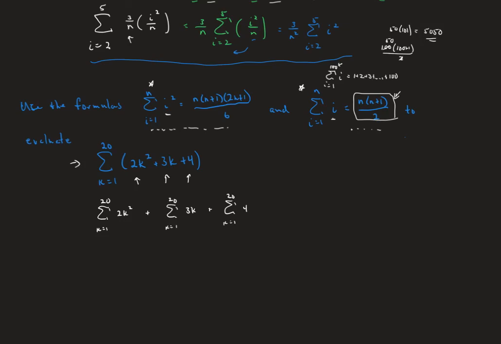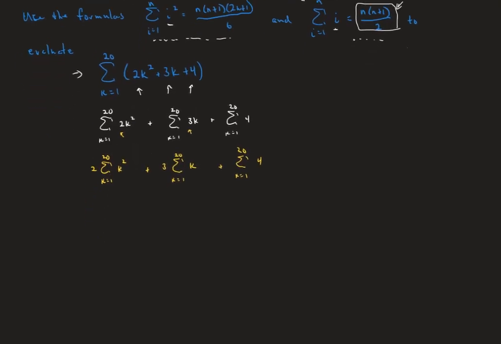Then we can go further. These constants can be factored out, so we can write that as 2 times the sum k going from 1 to 20 of the k squares, plus 3 times the sum k going from 1 to 20 of the k's, plus the sum k going from 1 to 20 of the 4's.